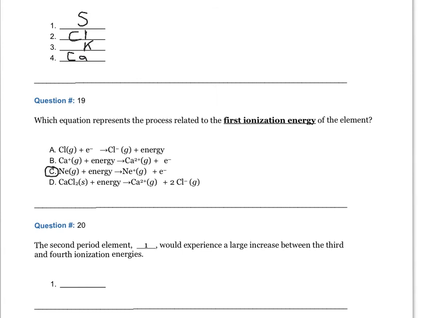The second period element, blank, would experience a large increase between the third and fourth ionization energies. The answer is boron. You could also list the symbol.